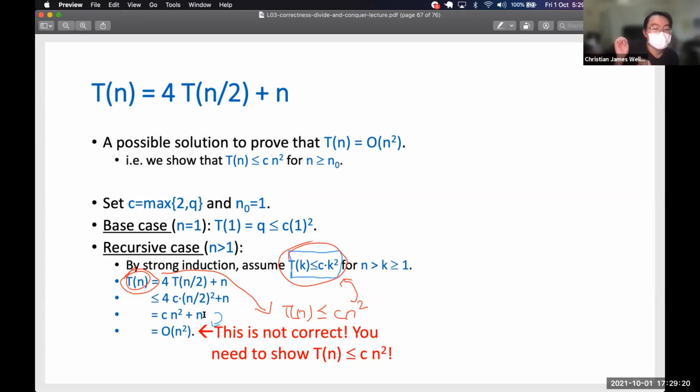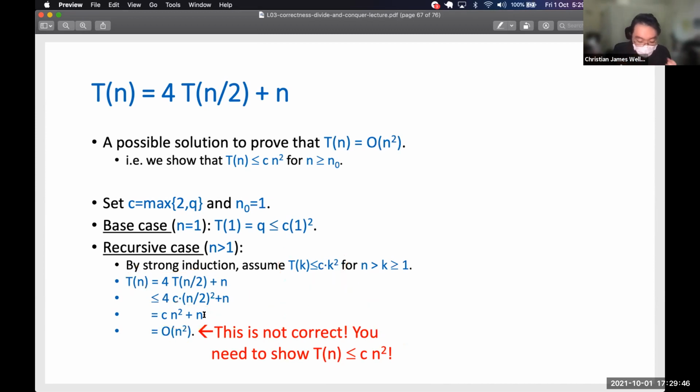Our inductive hypothesis is not Tn equals O(n squared). That hides too many constants. We have to show that it's at most Cn squared. But you see over here, oh no, no hope, because we get Cn squared plus n, which is clearly Cn squared plus a bit more. So your inductive hypothesis fails. What can you do? You observe that this n makes my Ck squared a bit too much, so it exceeds my inductive hypothesis.